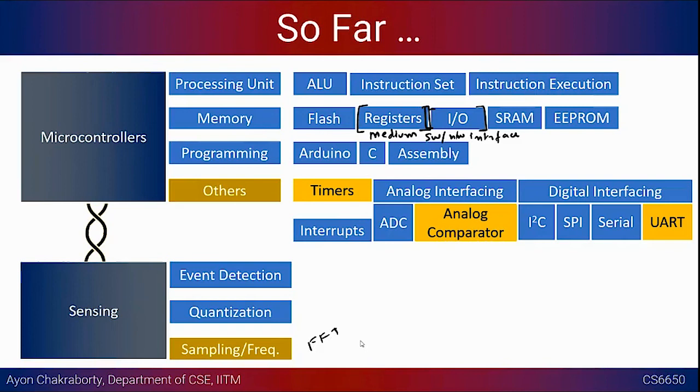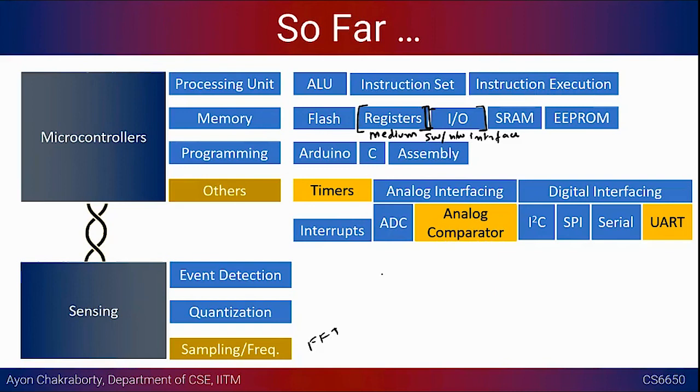After your exam is over, we can focus our attention on different sensing applications. As a part of that implementation, we are again going to come back to this concept that we have already studied. Let's say you want to read an analog value, but the focus will now be more on the algorithm part. Once you read the analog value, suppose you want to do some kind of peak detection.